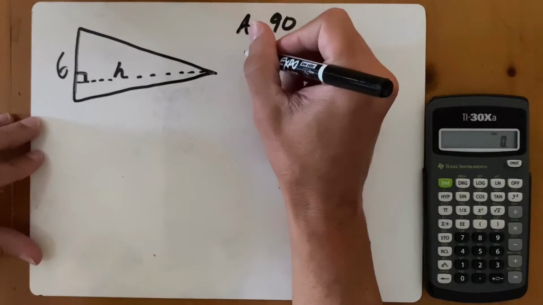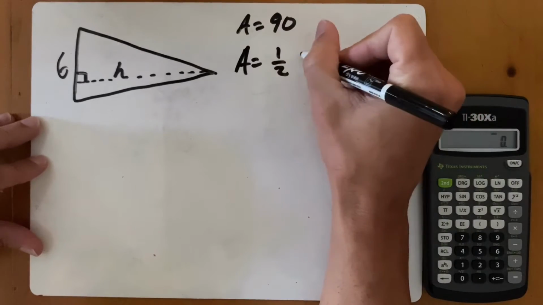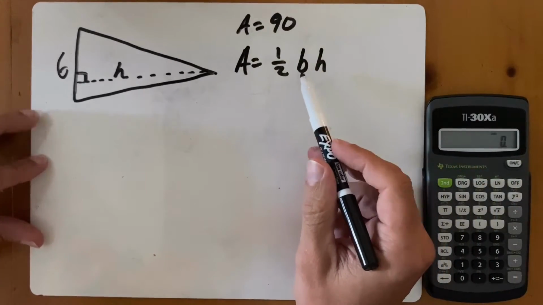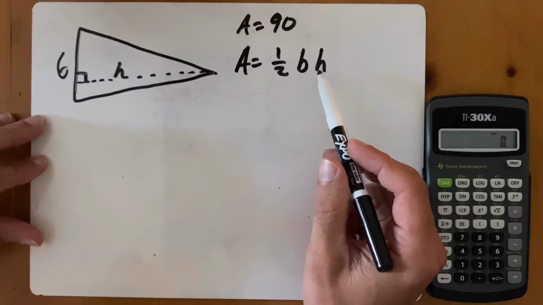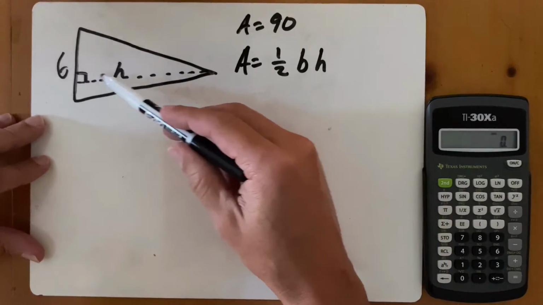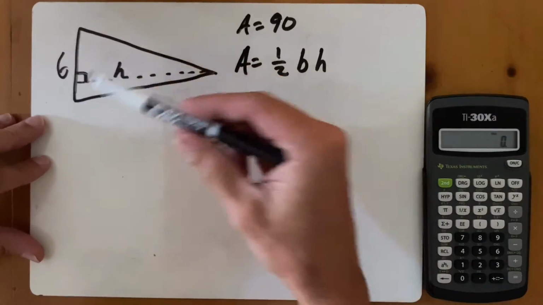So the equation for triangle area, hopefully we know, is 1/2 the base times the height. Remember, the base can be any side, and then the height is the perpendicular distance from that base to the opposite vertex, which is this dotted line here. So that's our height, which means that our base has a length of 6.